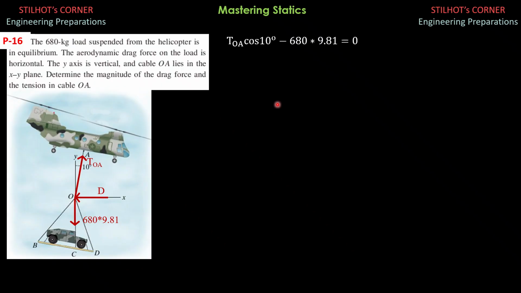So tension OA is equal to 6,774 newtons. Summation of forces horizontal equals 0. So we have negative drag force plus tension OA, which is 6,774 sine of 10 degrees equals 0. So the drag force is 1,176 newtons.